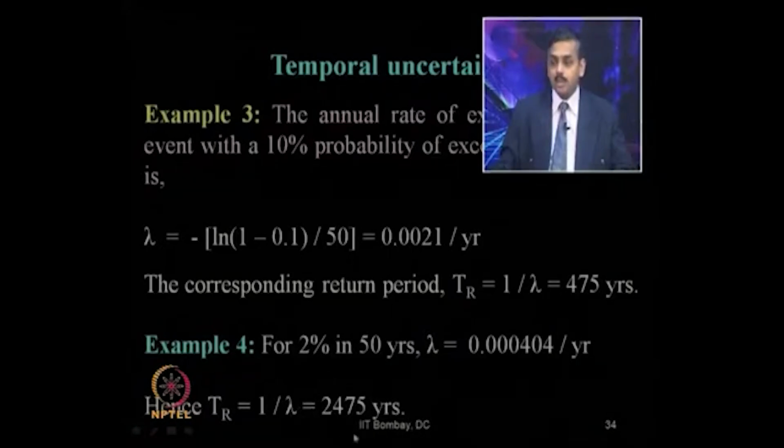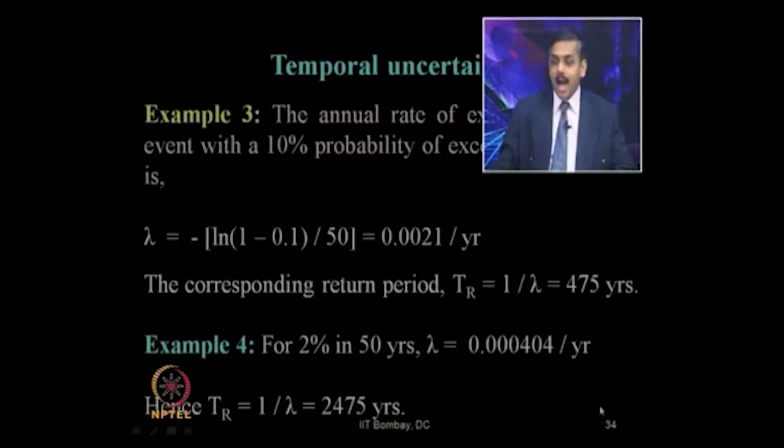That is, whether we consider an earthquake event occurring in the return period of 2475, that is with less probability of occurrence for an event, or with a little higher probability of occurrence with a lesser return period.